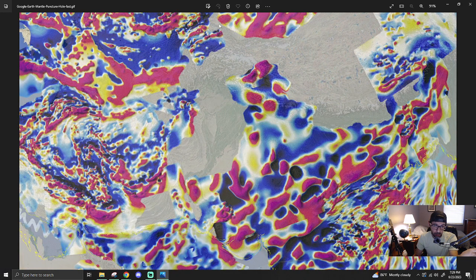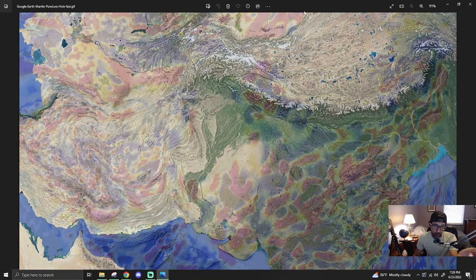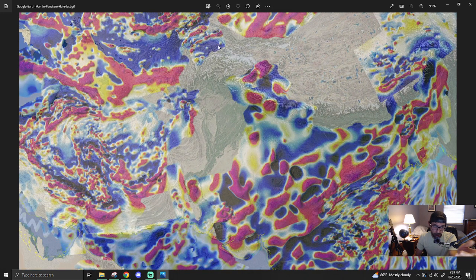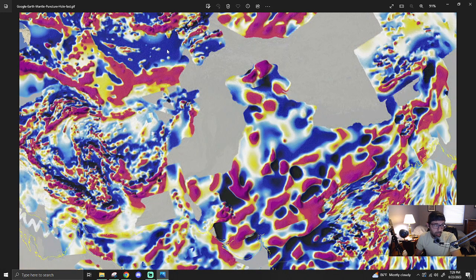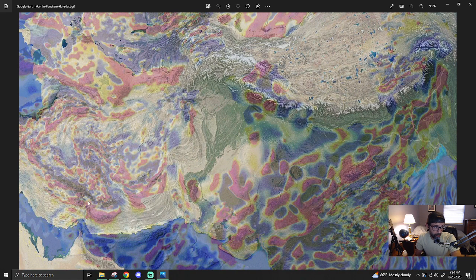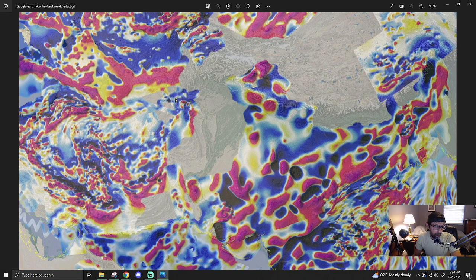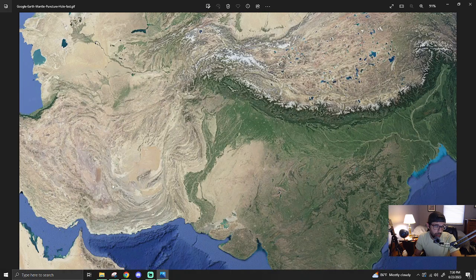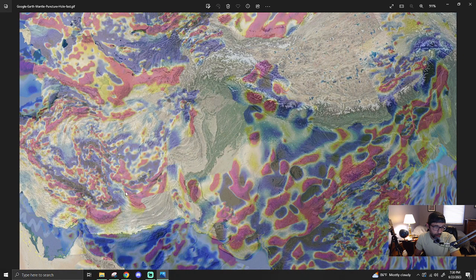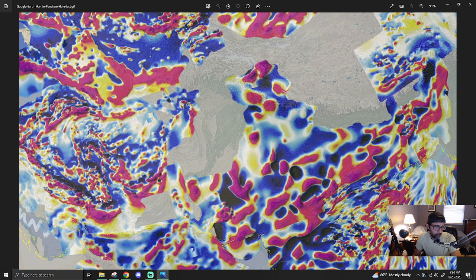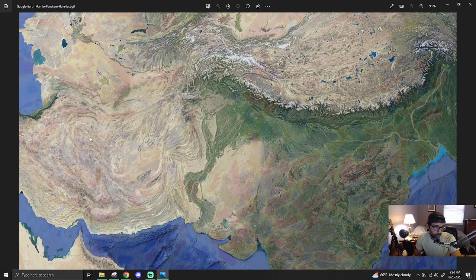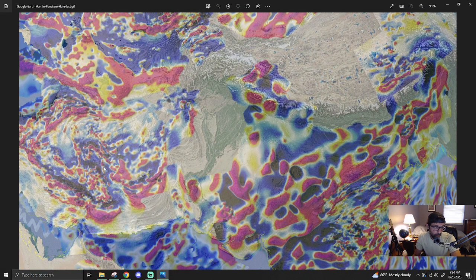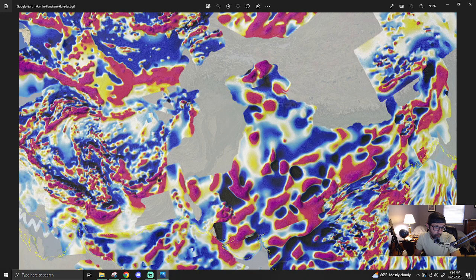Interestingly, up here is Tarim Basin, and we see this feature in it, and we can start to see around the Middle East, I guess, this feature in the terrain.